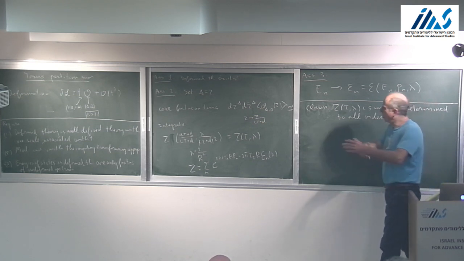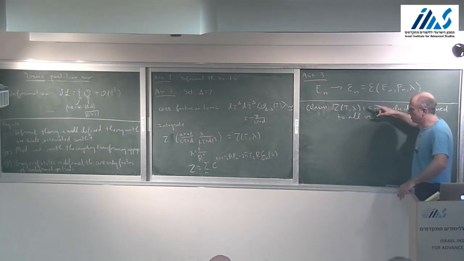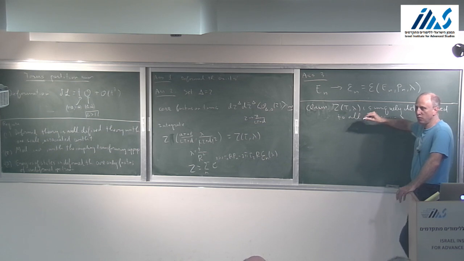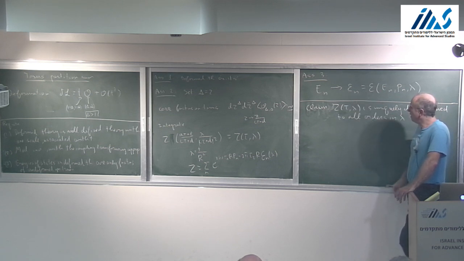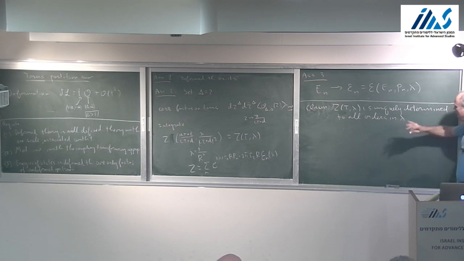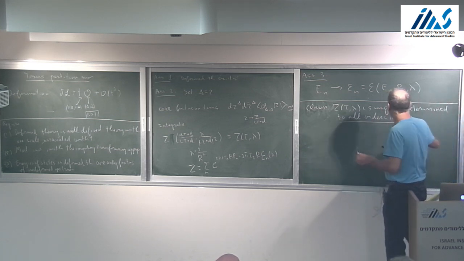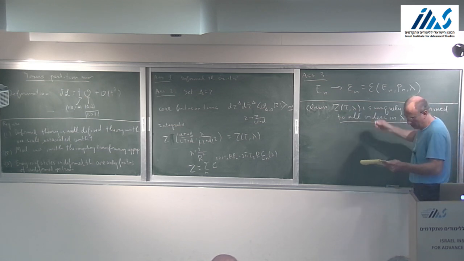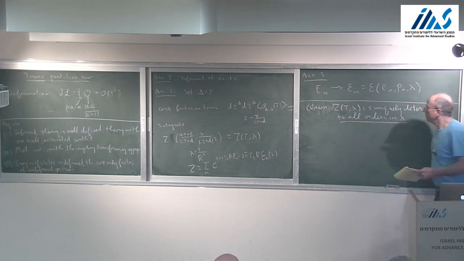It's not clear why a lot of the manipulations that one does with these theories are justified at finite lambda. So from my perspective, the conservative thing to do is to study this theory in perturbation theory in lambda, and then you can try to define it for finite lambda by extending things to that case. So this is actually not some kind of technicality, but in any case, whether you think that or not, this is just a well-defined statement.